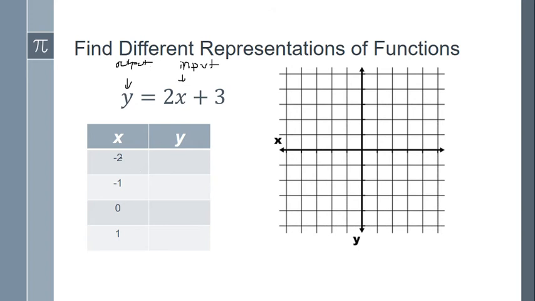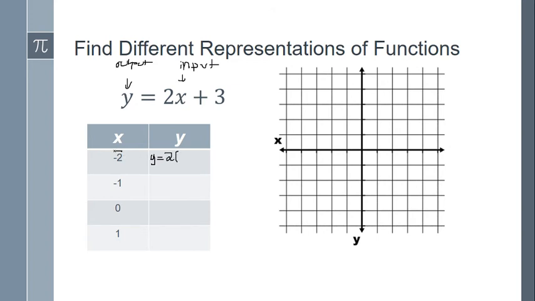All right, so in this case here, to figure out what the output is when x, or the input, is -2, I simply replace the x with -2, work out the math following the order of operations, and get the appropriate output. So the work here that I would be doing to see what the y is, I'd say, well, the y value is equal to 2 multiplied by -2.